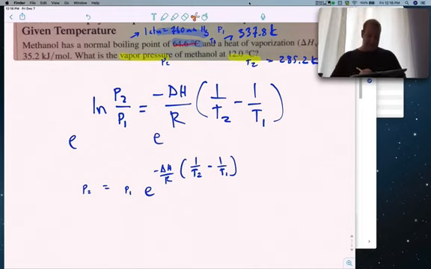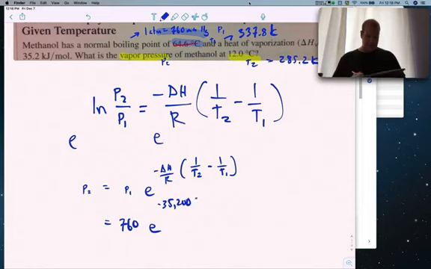So putting in the numbers, our second vapor pressure at 12 degrees Celsius is the vapor pressure of the first, 760, times e to the minus delta H vaporization, so minus 35200.